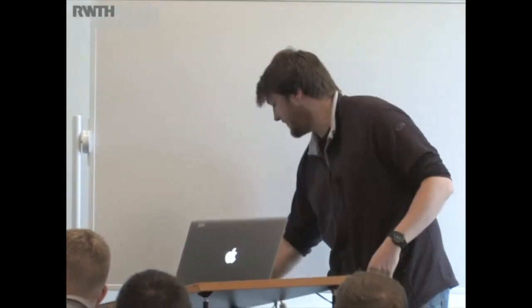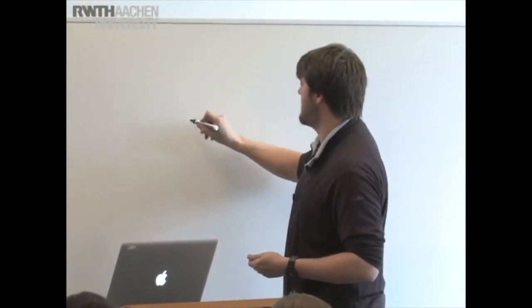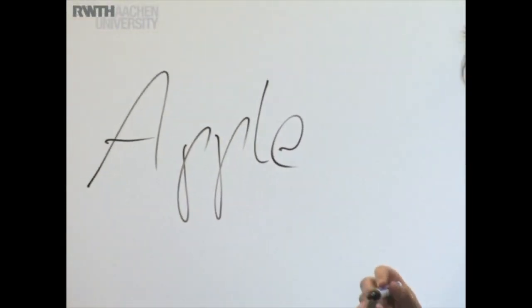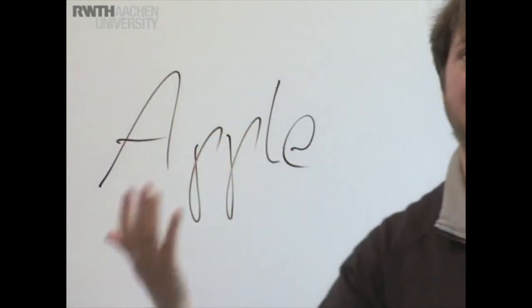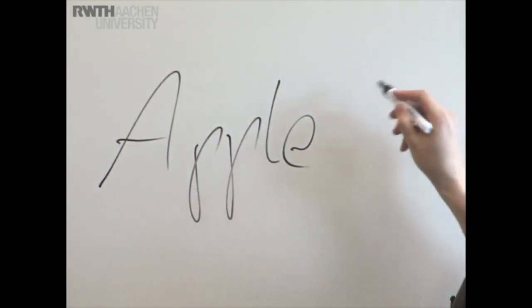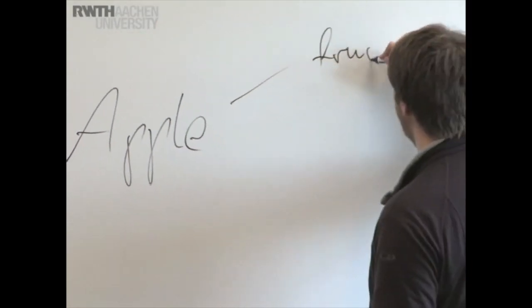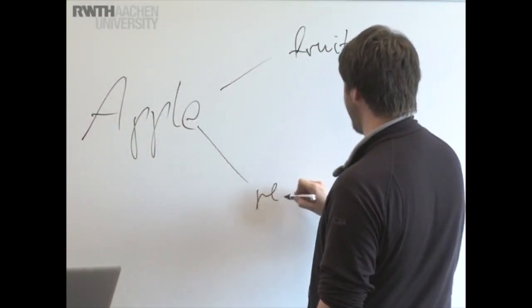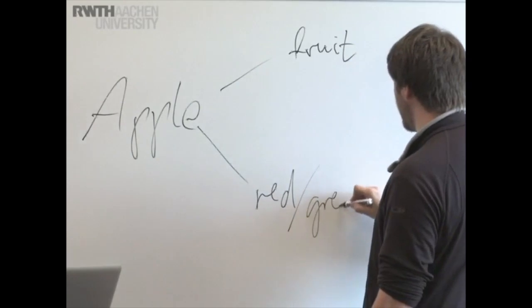So for example, if I have the concept apple, what do you connect to that? When you think of apple, what comes to your mind? Well, it's a fruit. If you can't read that, that is fine. It is either red or green, depending on what you want.